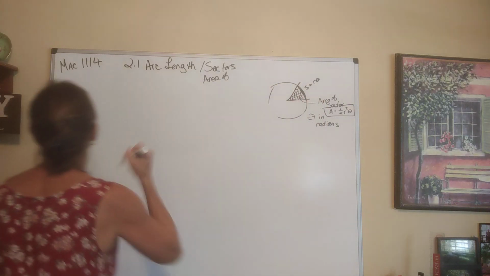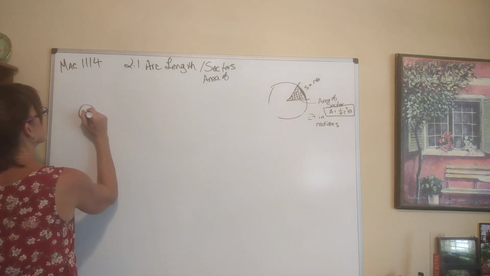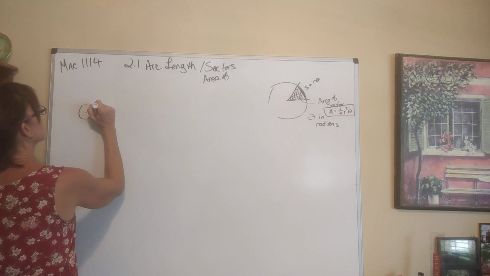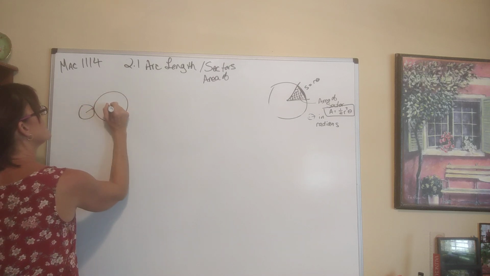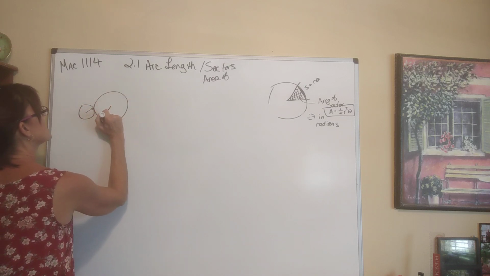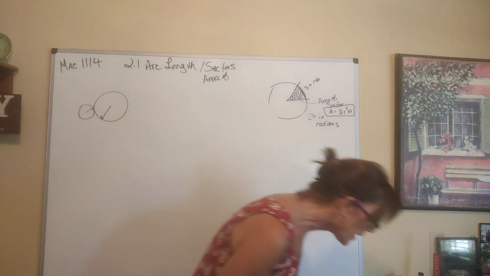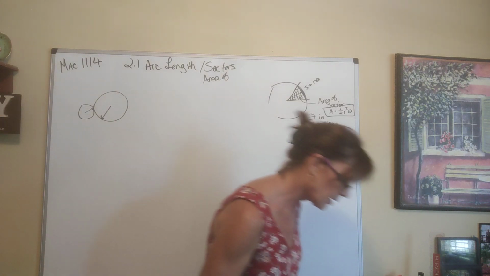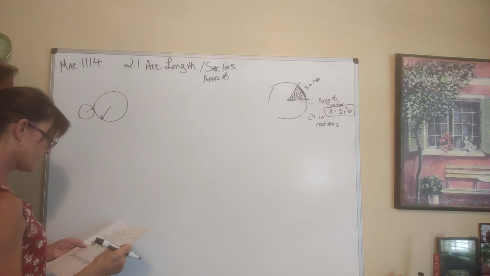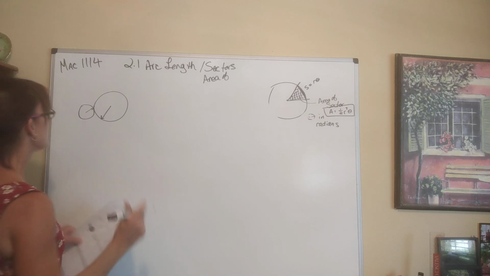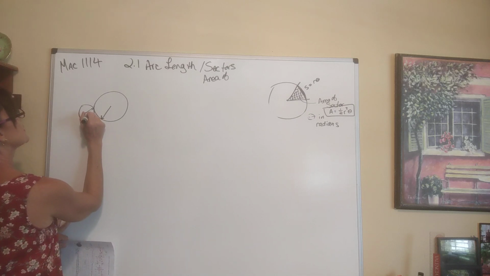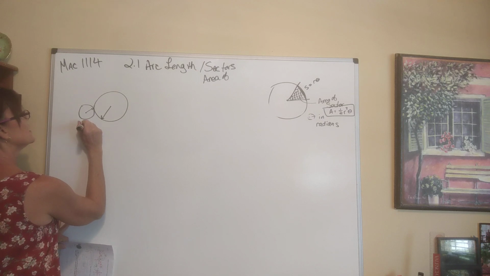It's a little bit hard to see the radius on here, so I'm going to draw this little. Here's the smaller gear, and here's the bigger gear. They have teeth on them, but I'm not drawing the teeth. The radius of the smaller gear is 2.5 centimeters.